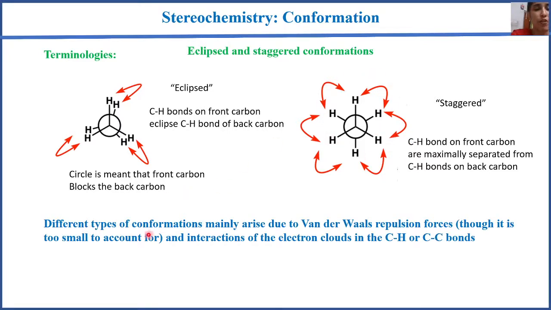Different types of conformations mainly arise due to van der Waals repulsion force, though it is too small to account for, and interaction of the electron clouds in the C-H and C-C bonds.